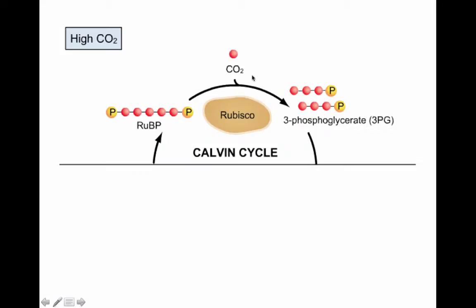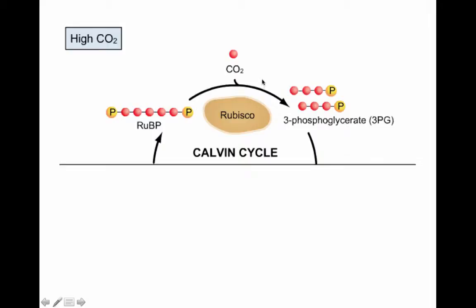All right, so if we think about our typical pathway of photosynthesis, we have a fixation step, where we're taking gaseous carbon in the form of CO2 and combining it with a 5-carbon intermediate.